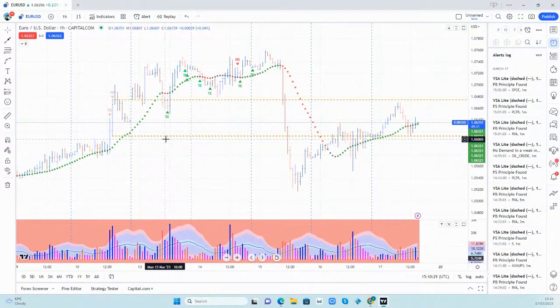Would I enter the trade there? I would say no. In hindsight, you can say, yeah, well, it's gone up. Well, yes, but it's not really safe for you to do so. And as you can see, the market has come back down. They've done a test, but the test has appeared on a change of behavior.